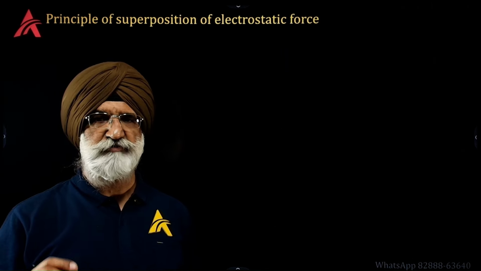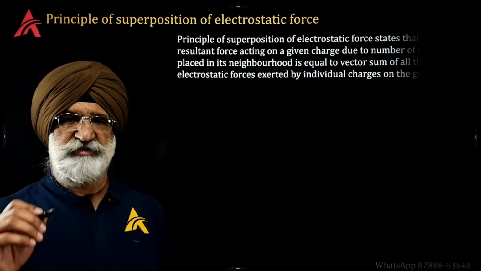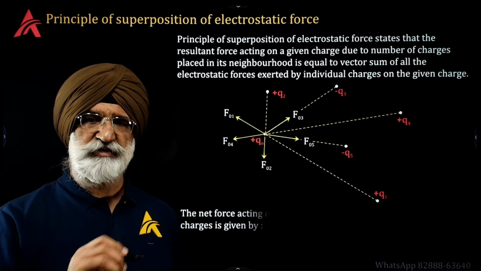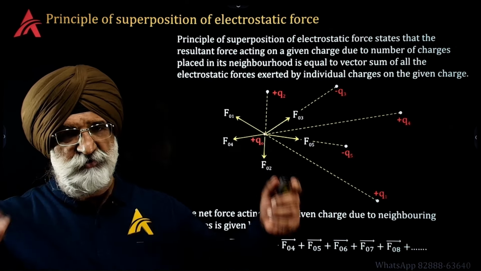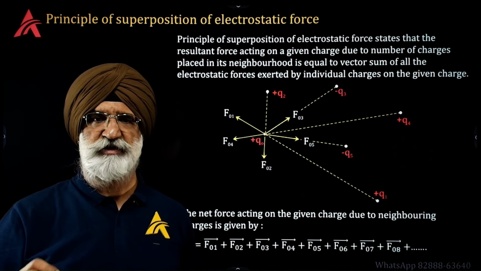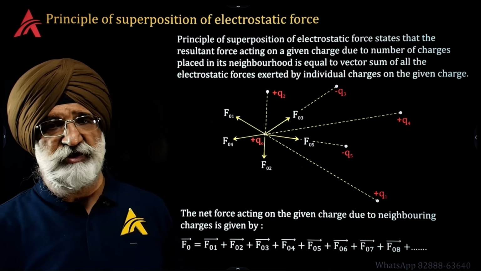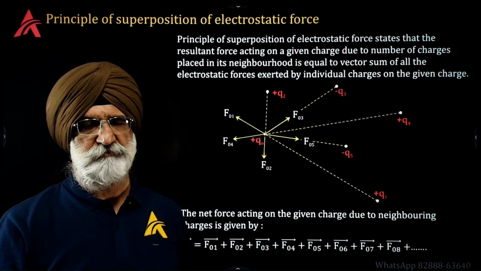Principle of superposition of electrostatic force. It states that the resulting force acting on a given charge placed in the neighborhood of a number of charges is equal to the vector sum of the electrostatic forces exerted by individual charges on the given charge.